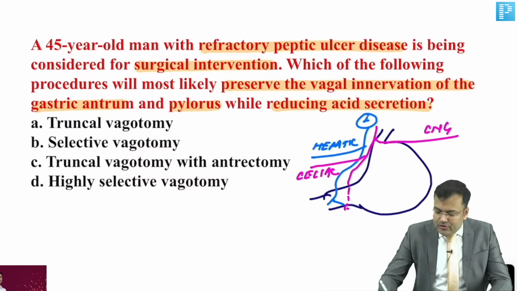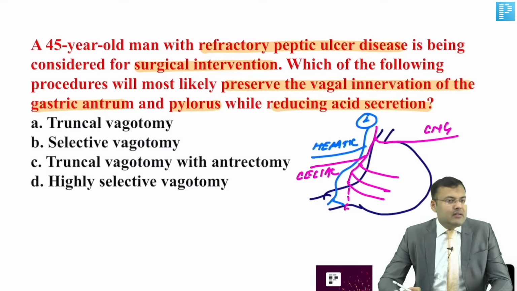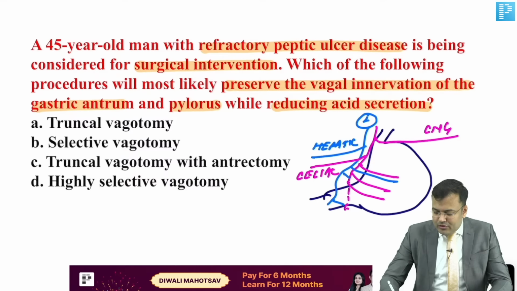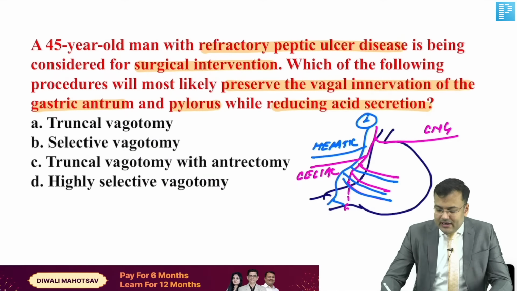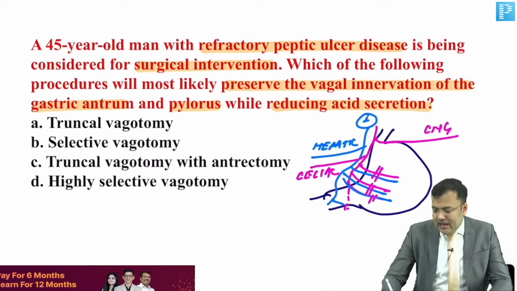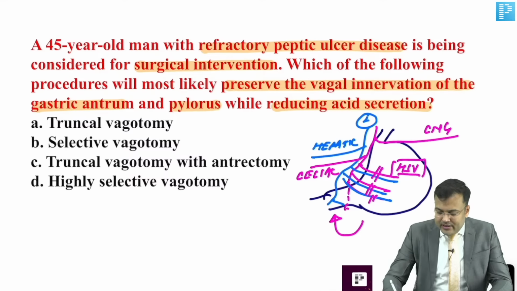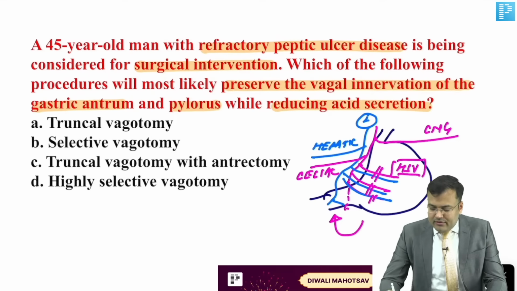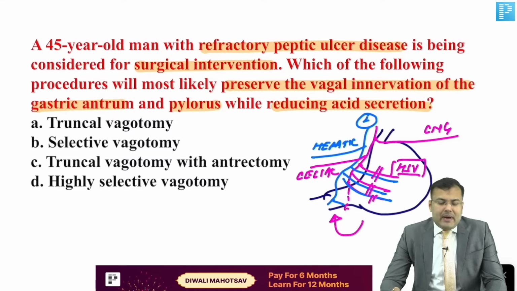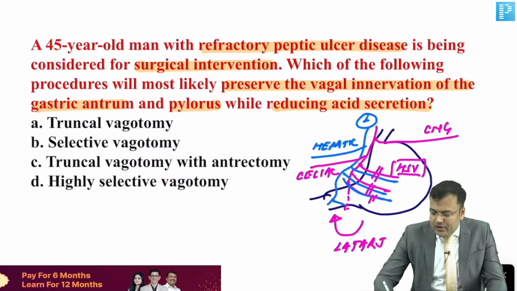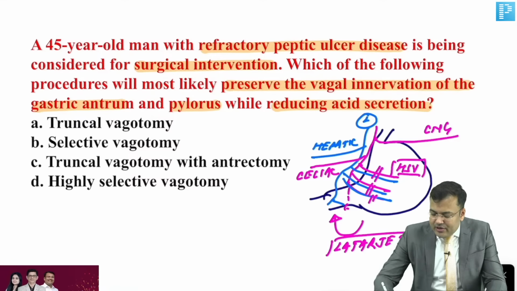And this one is the celiac branch. So you know what highly selective vagotomy is: whenever we divide these seromuscular branches, that is highly selective vagotomy. In it, the nerve supplying the gastric antrum and pylorus, the nerve of Latarjet, is spared or preserved.